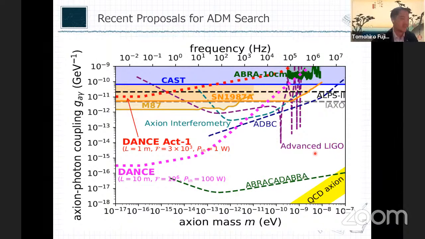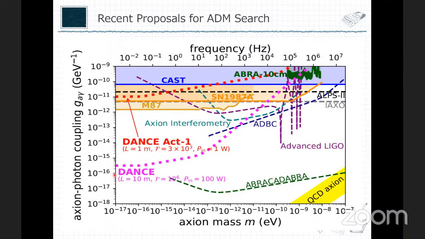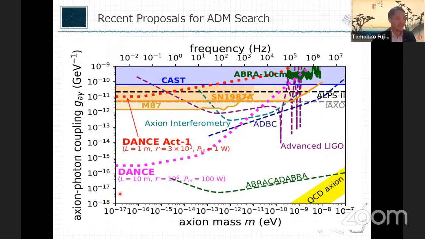The reason why I cut here is that I assume a 1 year experiment. I cannot extend this line to the left unless I do a very long experiment. Yeah, you're right.